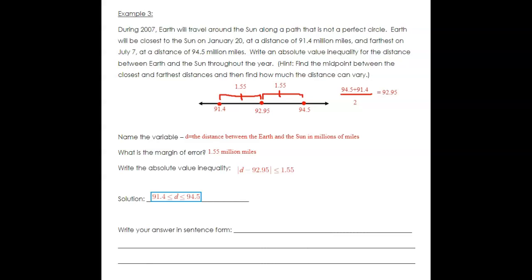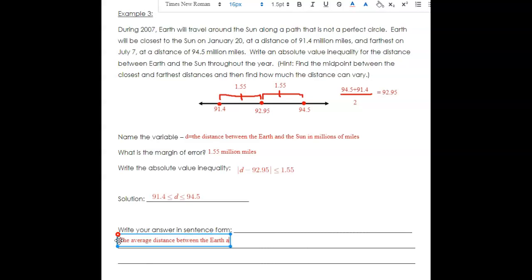And finally, we need to write our answer in sentence form, so I'm going to write it down here. The question was, write an absolute value inequality for the distance between Earth and the Sun throughout the year. So the average distance between the Earth and the Sun is what?